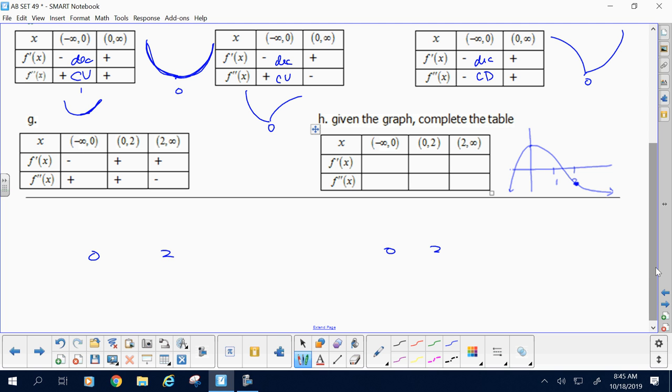Okay. One more minute, please. Okay, first region stuff. It's decreasing concave up, so something like this. Okay. What about second region? Let's see. Increasing concave up.